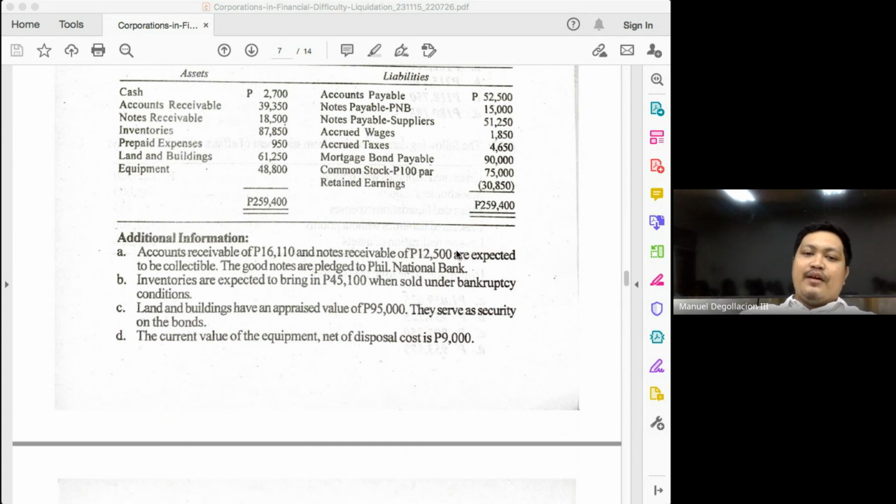Next, last would be your partially secured, which was the notes payable PNB. Okay, out of the 15,000, the 12,500 will be paid in full. The unsecured portion will be paid based on the recovery rate. And the unsecured portion is 2,500 multiplied by the recovery rate of 67%.